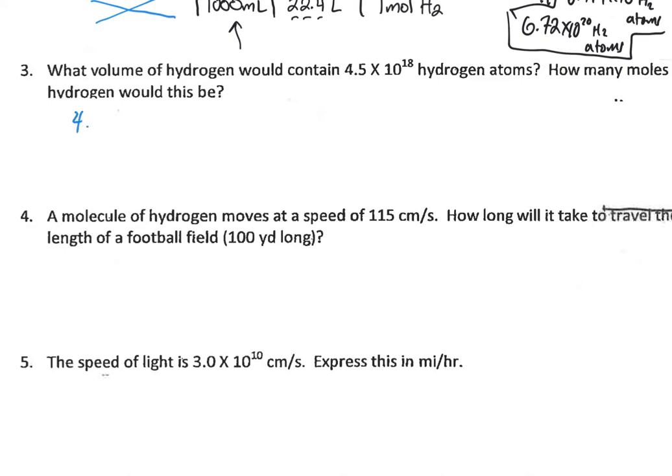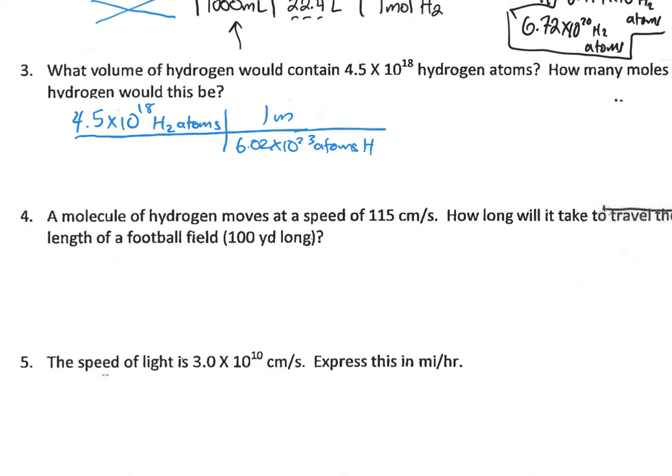So 4.5 times 10 to the 18, let's call them H2 atoms or hydrogen atoms. And I'm going to convert those into moles. 6.02 times 10 to the 23rd atoms of hydrogen is in 1 mole of hydrogen, H2, let's be specific.